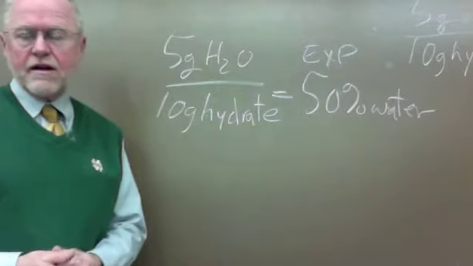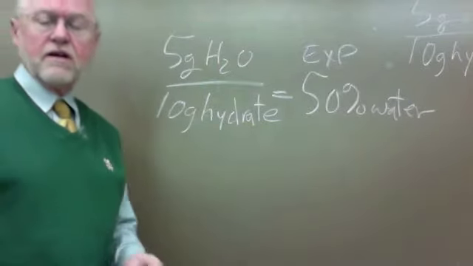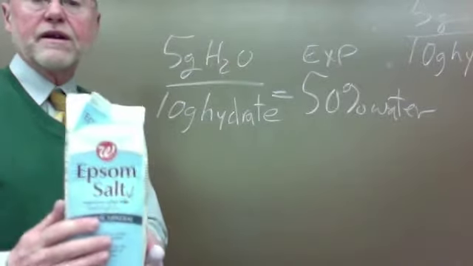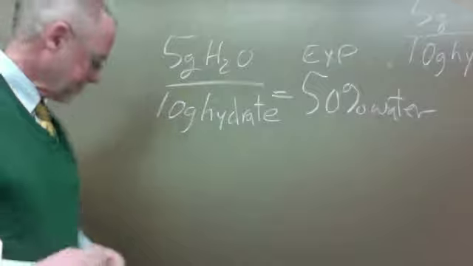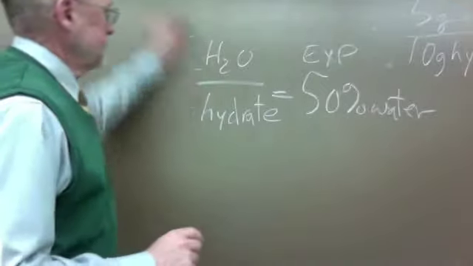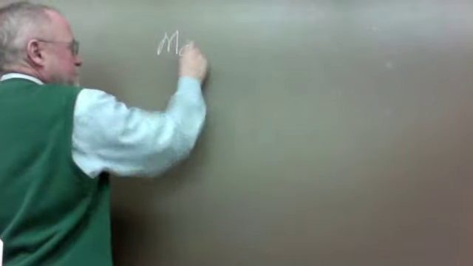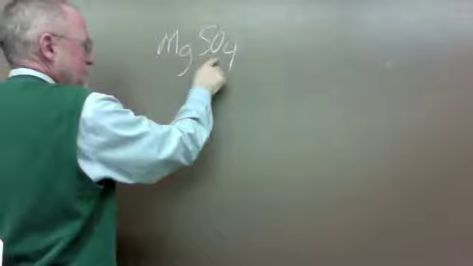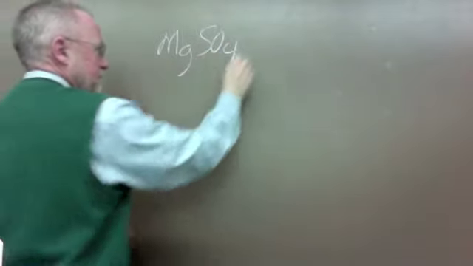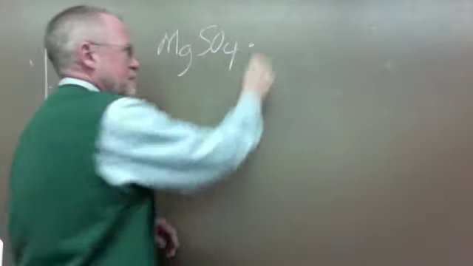Now, I could figure out how much water there is theoretically in this just by doing a simple calculation from the formula. I could take the magnesium sulfate, okay, plus 2, minus 2, so it's MgSO4, and it's heptahydrate. Hepta means 7.